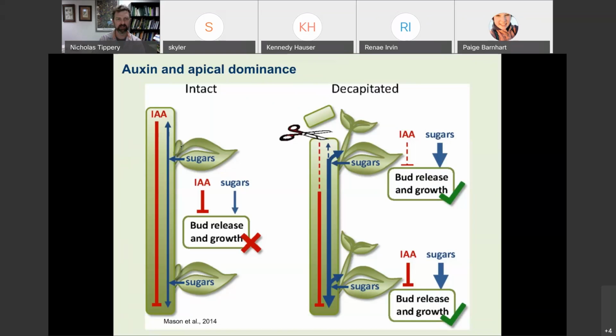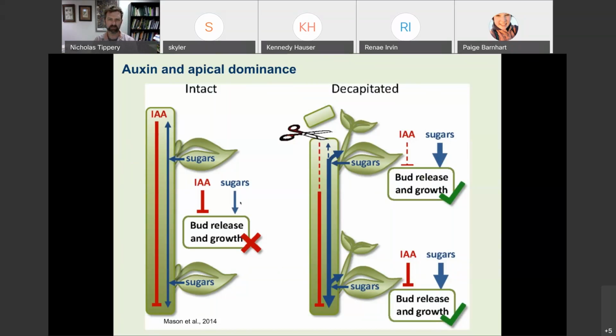The signal from the auxin actually prevents growth in this location. And as the auxin concentration goes down, that allows for the growth to happen here. Also happens if you cut the tip of a plant. If you destroy the apical meristem, that cuts away the auxin signal and allows these side shoots to grow.